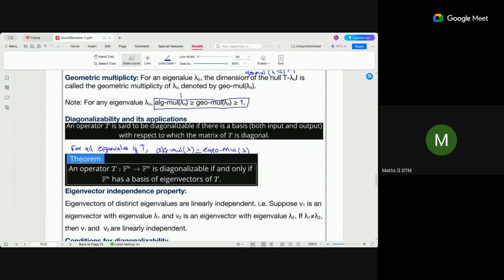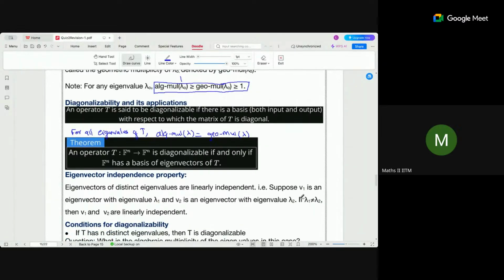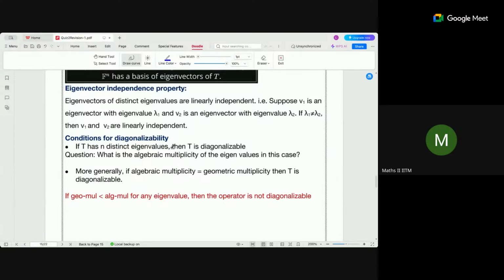What is the eigenvector independence property? Eigenvectors corresponding to distinct eigenvalues are always linearly independent. So whenever we have two distinct eigenvalues, the corresponding eigenvectors are always linearly independent. If T has n distinct eigenvalues, the algebraic multiplicity of each eigenvalue is 1, so obviously the geometric multiplicity is also 1, and T is diagonalizable.